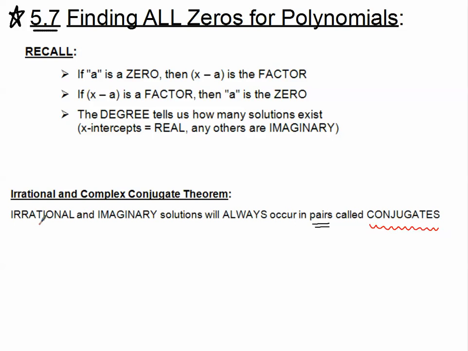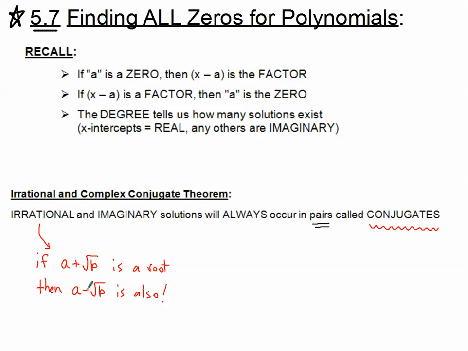If irrational answers exist, if we have one of them as a plus the square root of b, that would be one of the forms of an irrational, is a root, then its conjugate, which is a minus the square root of b, is also. They will always occur as pairs called conjugates.